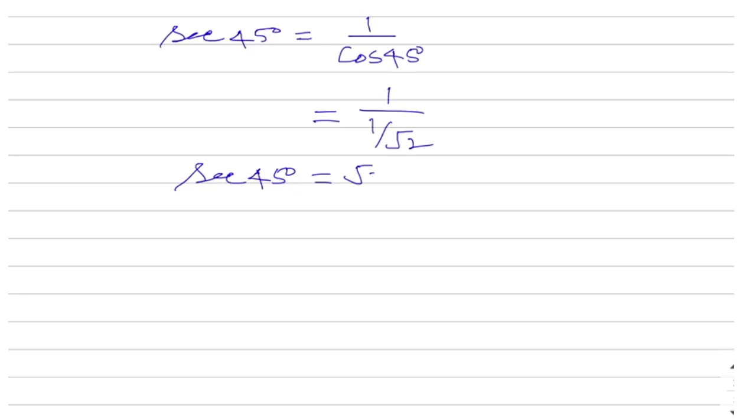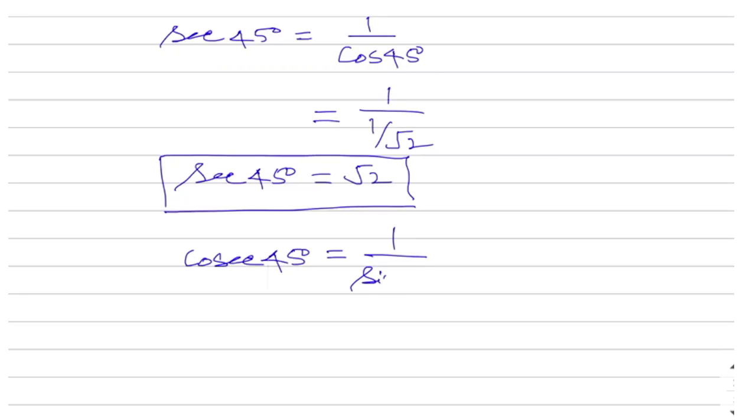And sec 45 degrees equal to 1 upon cos 45 degree. Therefore sec 45 degrees equal to 1 upon 1 upon root 2, that is sec 45 degrees equal to root 2, and cosec 45 degrees equal to 1 upon sin 45 degree.